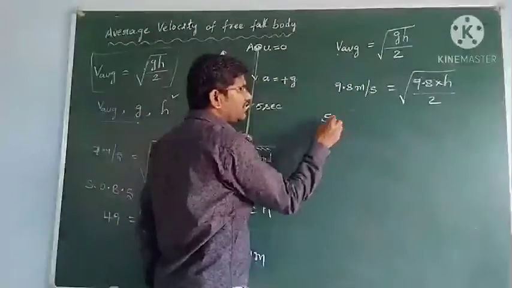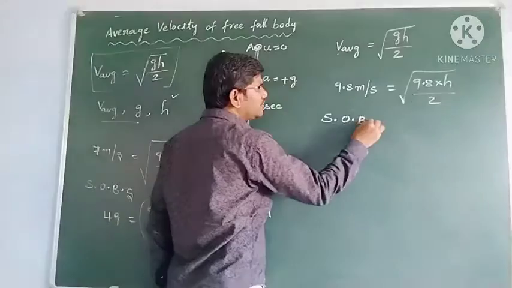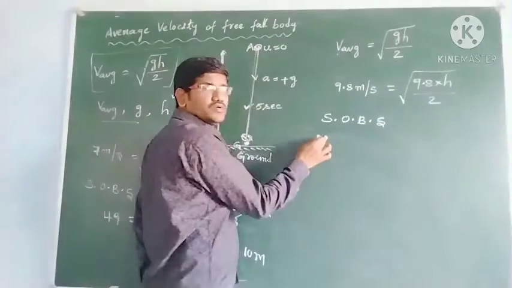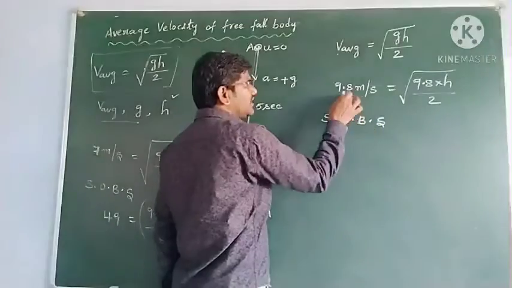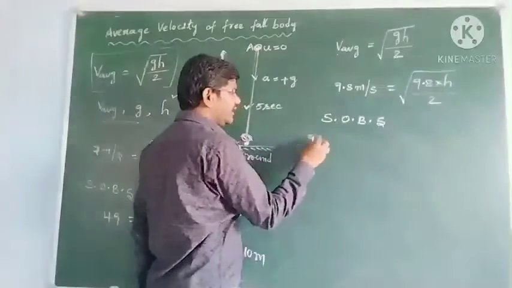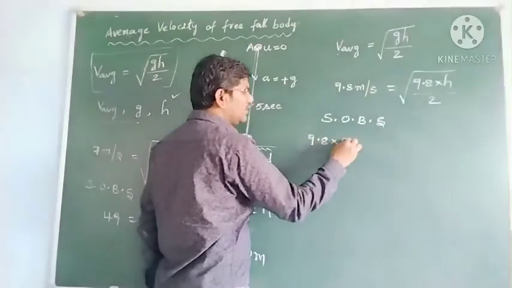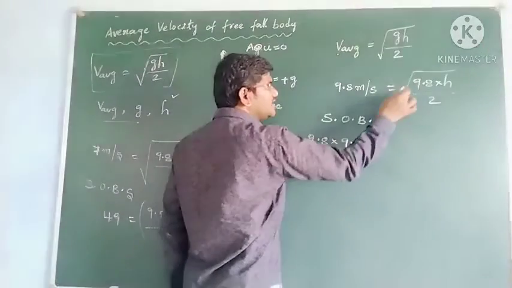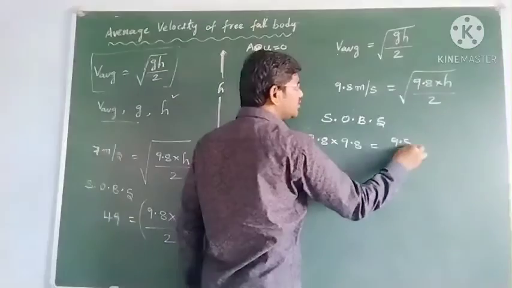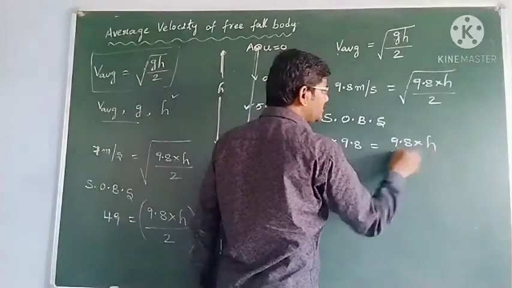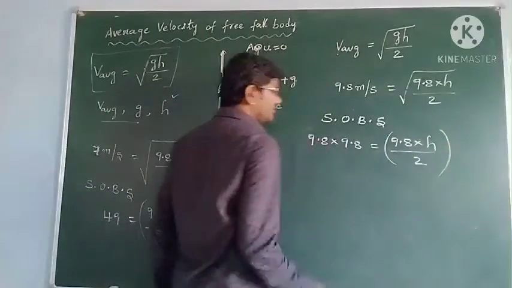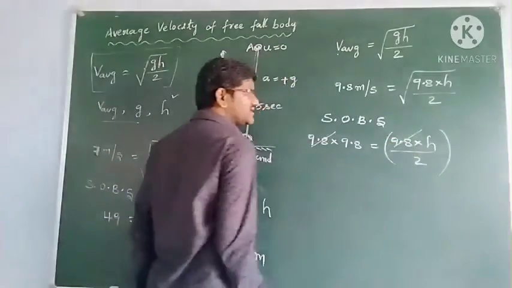Now squaring on both sides. You square this, what will happen? 9.8 into 9.8, and square and root get cancelled here. So you have 9.8 into h by 2. And this 9.8 and 9.8 get cancelled.